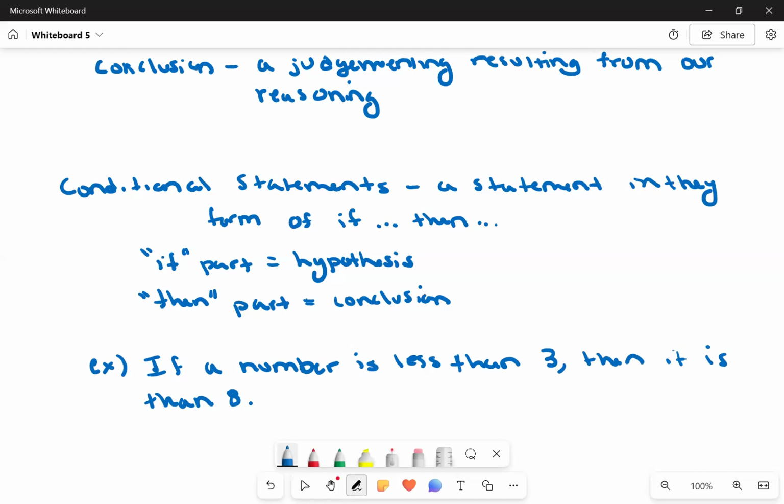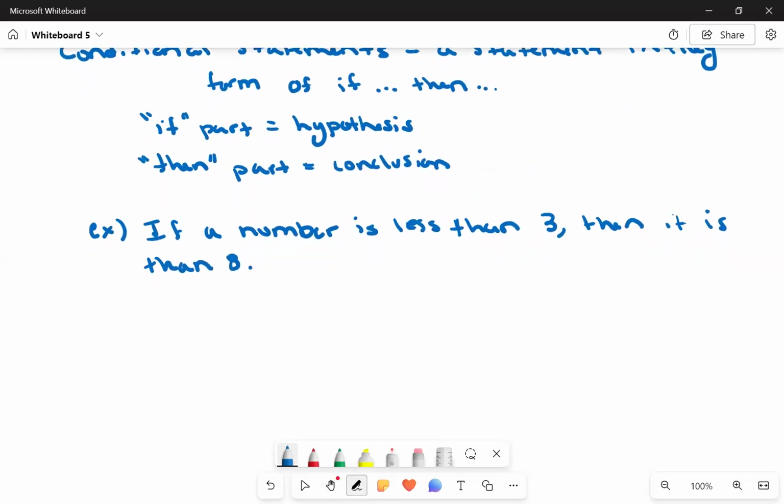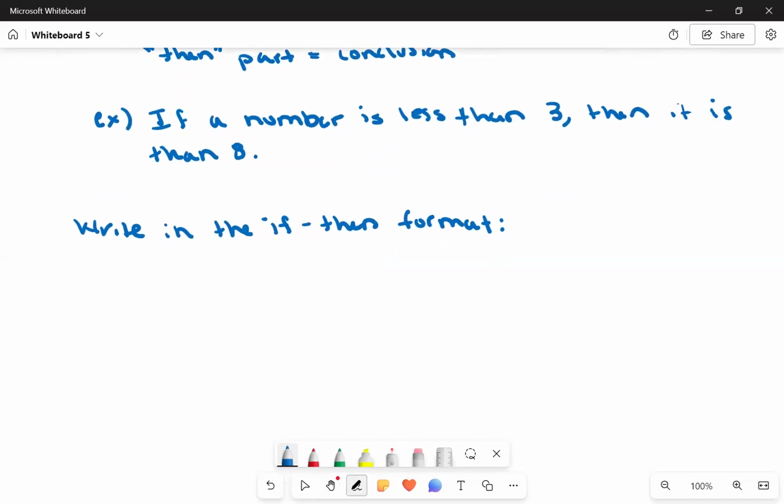So the first premise being the minute a number is less than 3, it also makes the number less than 8. That is an if-then statement. So let's practice writing things in this conditional statement format. Let's write in the if-then format. Okay, so here, let me give some examples here for us to do that.